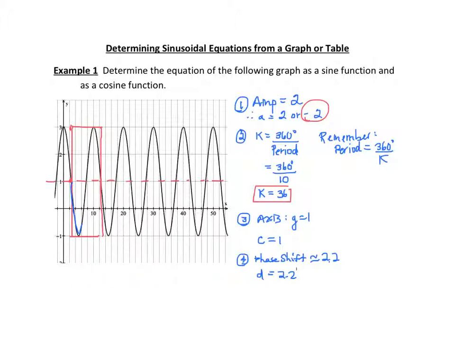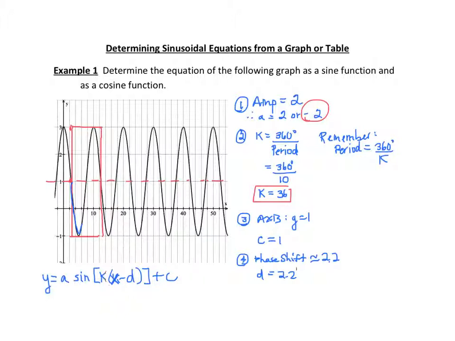Okay, so now we have to take these parameters and fill them in to the formula. Now let's remember the general formula for a sine function looks like this. Y equals A sine K times X minus D plus C. This is supposed to be an X. There we go.